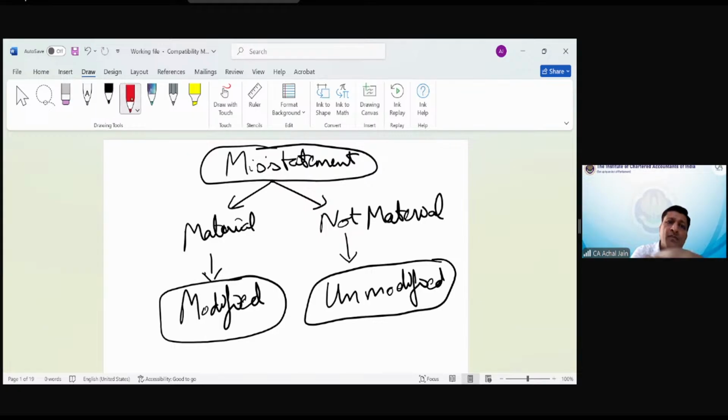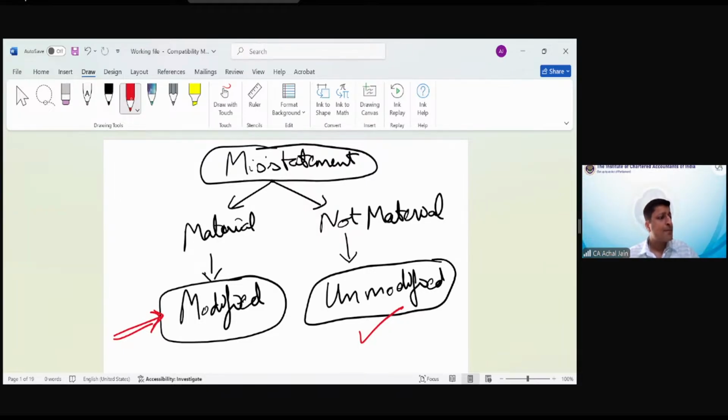It would always imply that the opinion is unmodified. So whenever the opinion is modified, a specific wording will always get attached to that. We'll understand what that specific wording is and how you get onto those specific wordings.